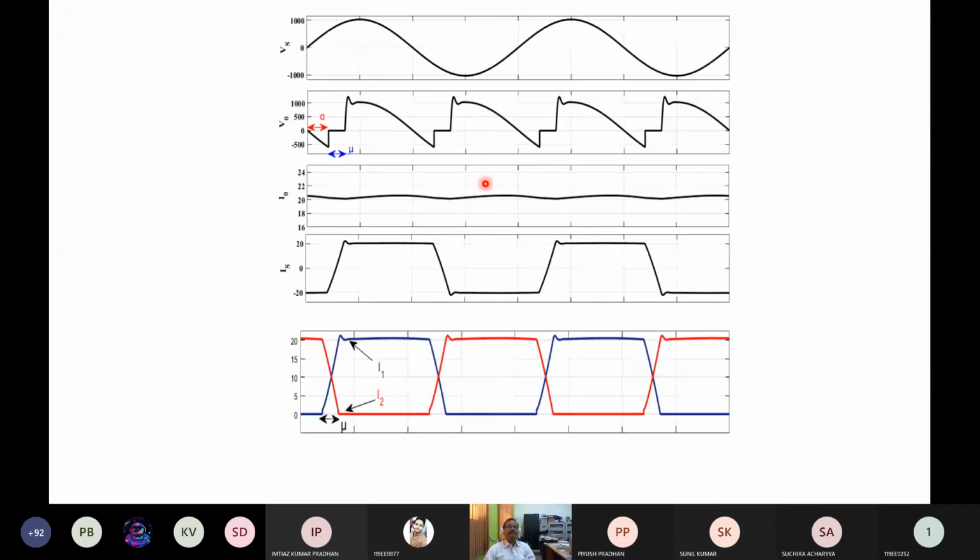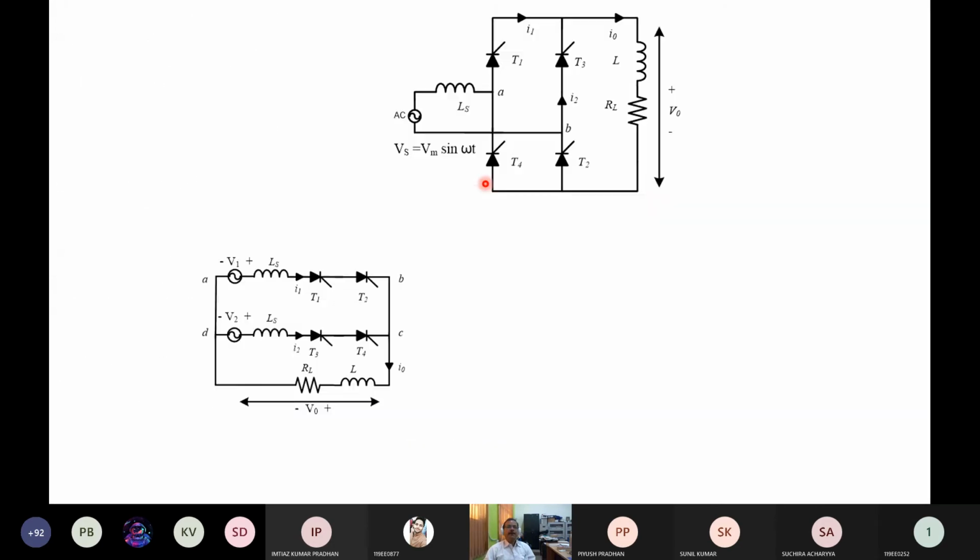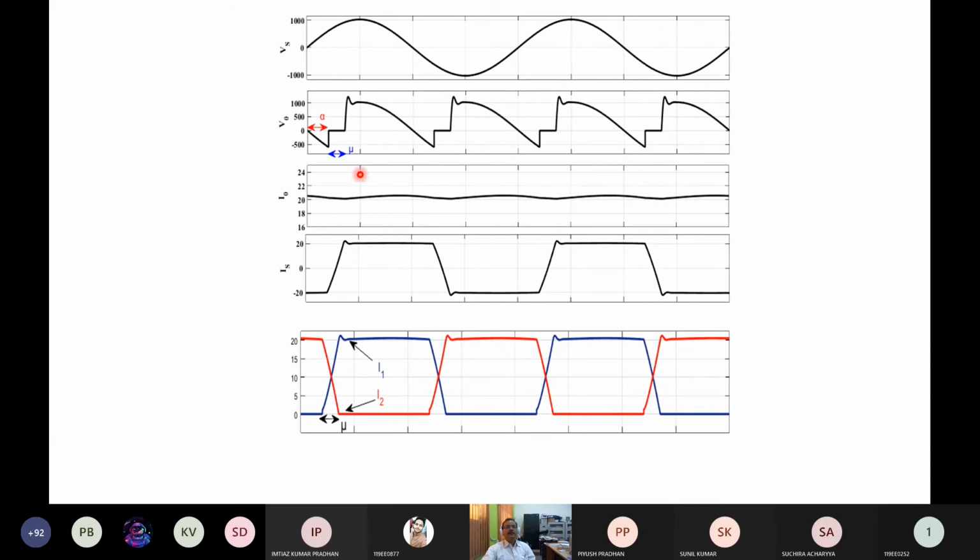Is it okay? So here, because of the overlap, the limit will be alpha plus mu to alpha plus pi.